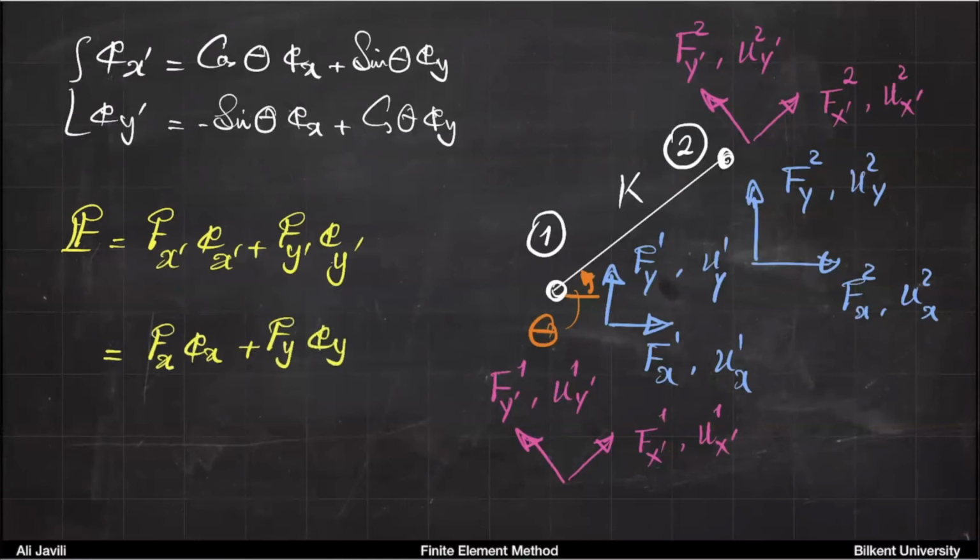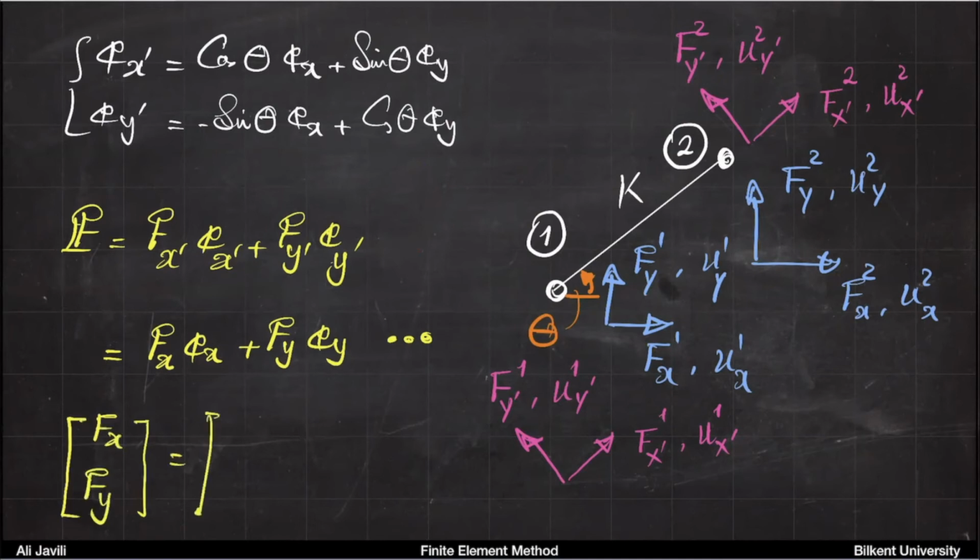And then if you do the mathematical step, so if you just insert this information here, what you can see is this very nice system. So what you will see is that Fx, Fy can be related to Fx prime, Fy prime using this sort of rotation matrix, if you want.